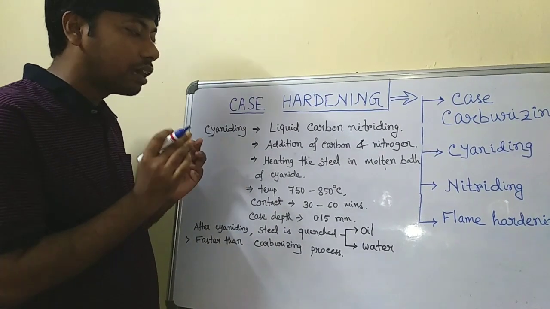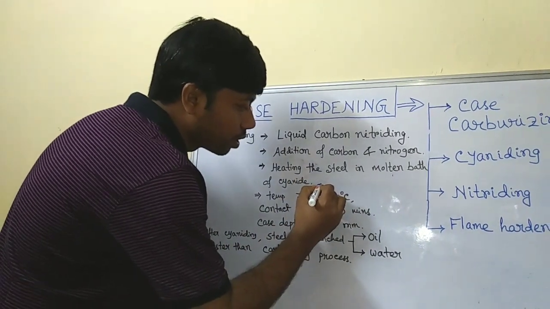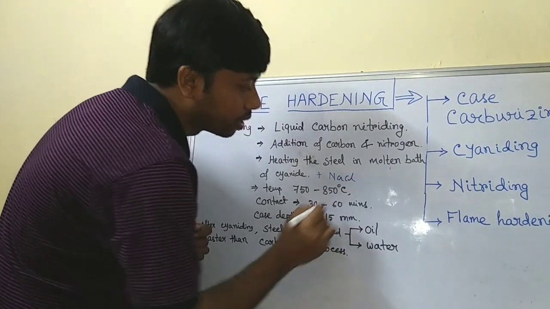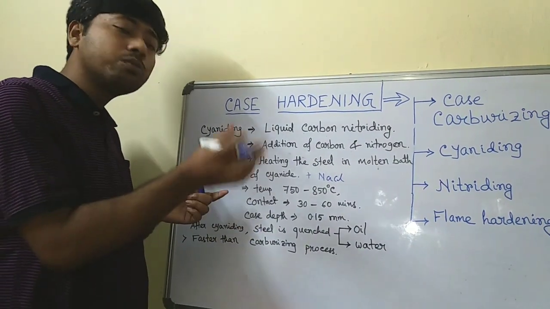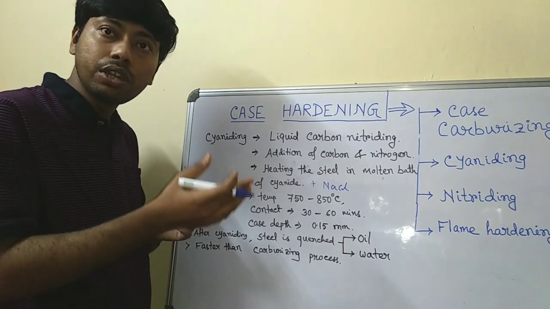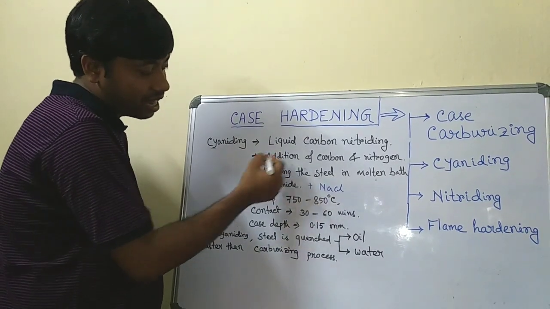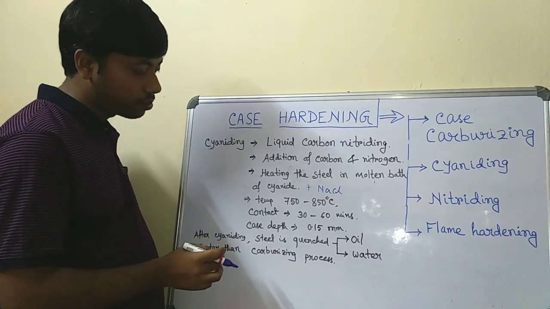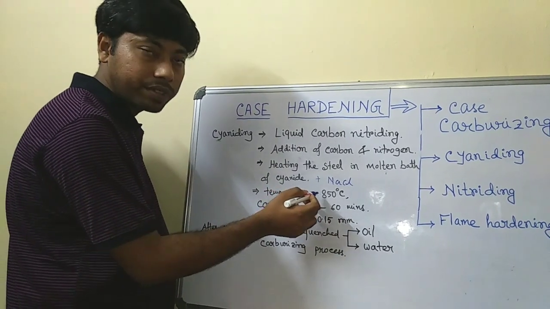First of all, heating the steel in a molten bath of cyanide, which is also mixed with some sodium chloride. Okay, sodium chloride. Some amount of sodium chloride is also used to increase the fluidity of the cyanide. So that's why sodium chloride is used with cyanide. Now, heating the steel in a molten bath of cyanide plus sodium chloride, the temperature at which it is heated is 750 to 850 degrees Celsius.